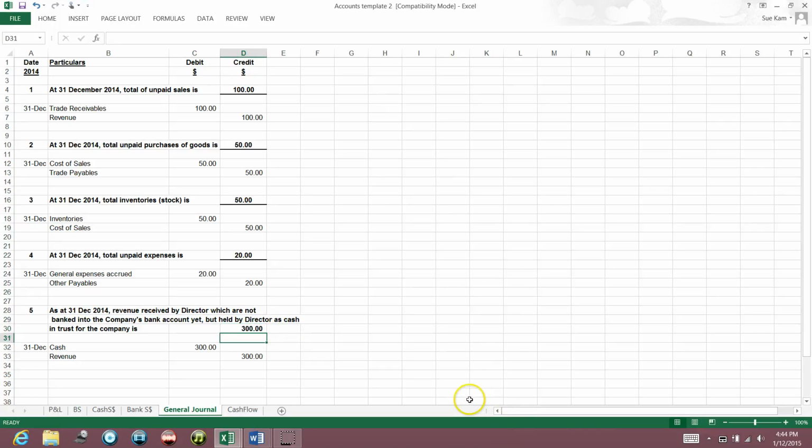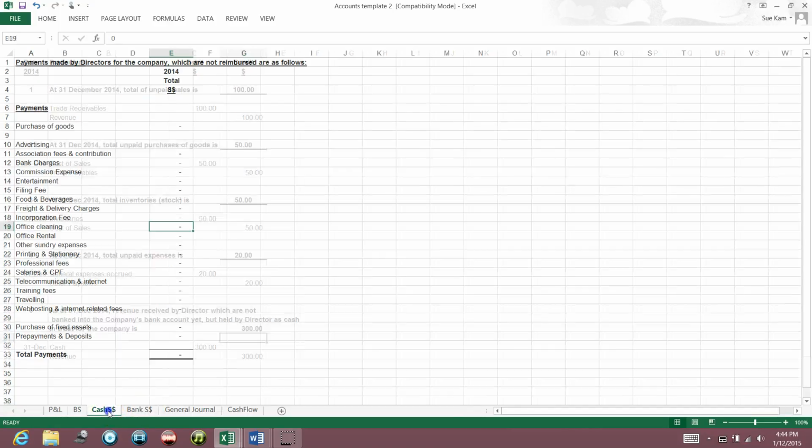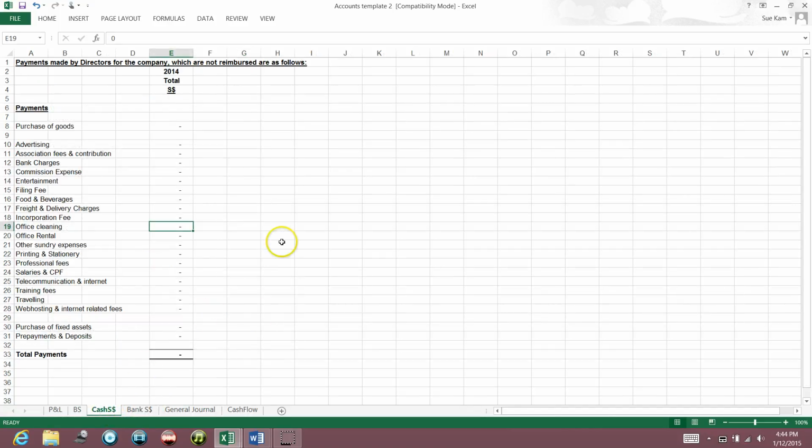Okay, so that's all. There is also something here, this sheet. This one means payment made by the director for the company which is not reimbursed, as follows. Sometimes the company capital is quite small, so there's not enough money in the company to pay for whatever necessary expenses, and the director has used his own money. For a small business, the director is usually the business owner.